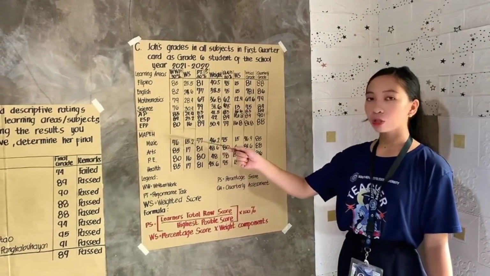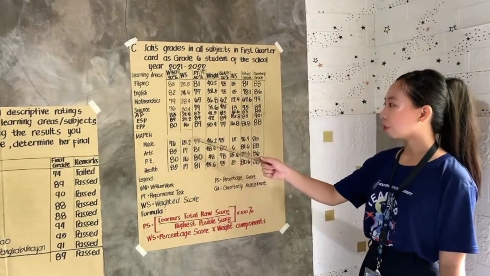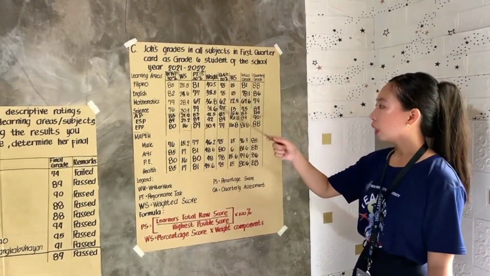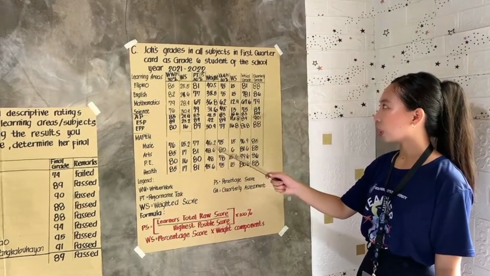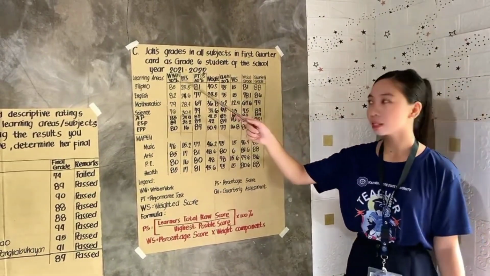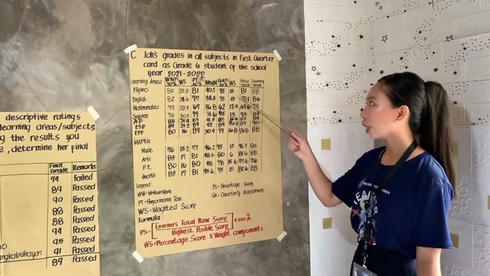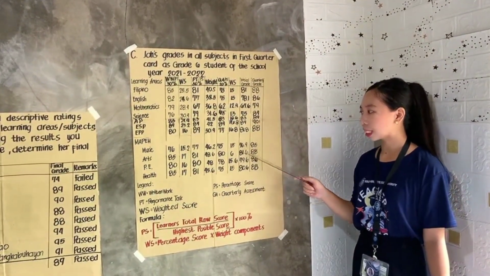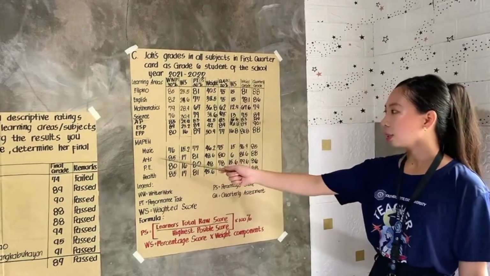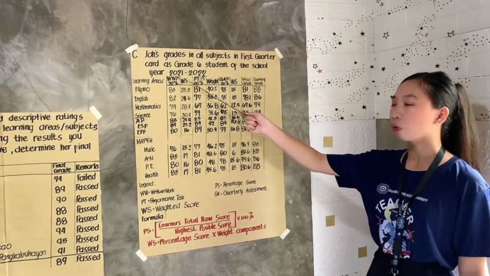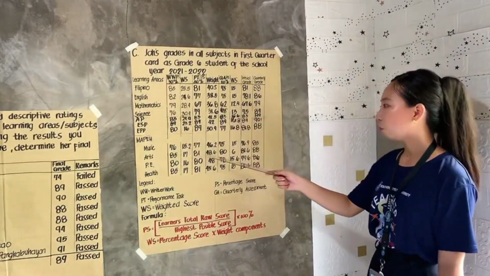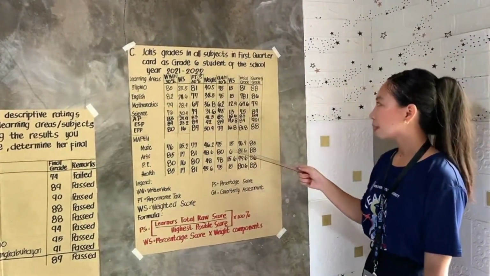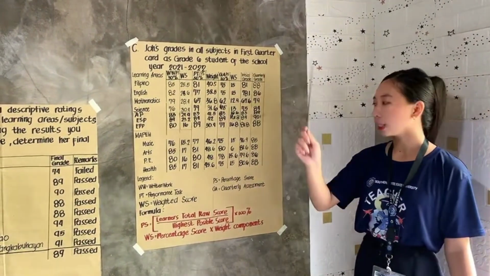And MAPE, especially in music, he got 15.2 weighted score in written work, and 46.2 weighted score in performance task, and 15 weighted score in quarterly assessment. So that will be total 76.4. And in arts, he got 17 weighted score in written work, and 48.6 weighted score in performance task, 6 weighted score in quarterly assessment.